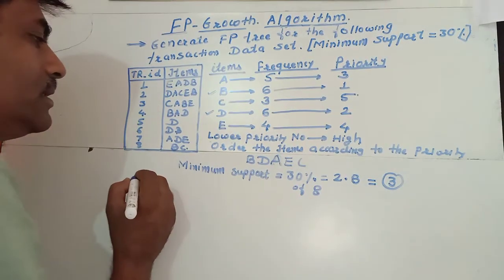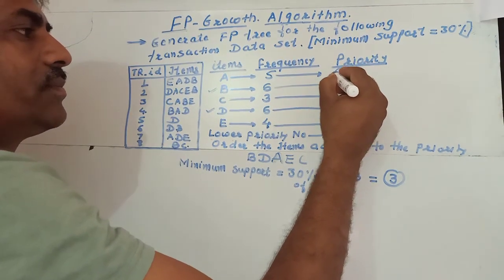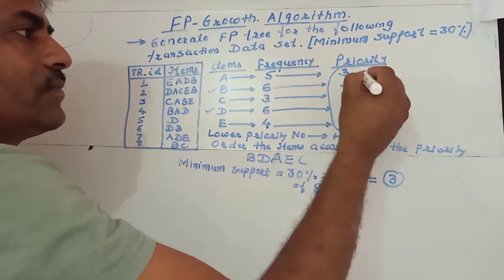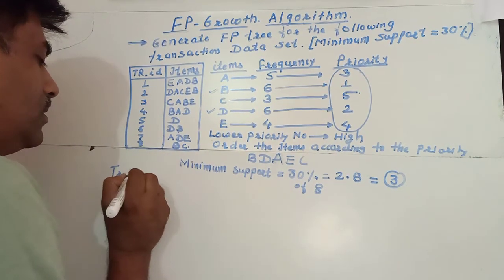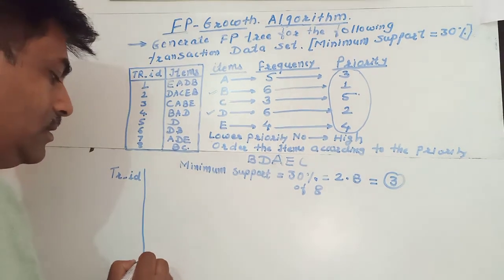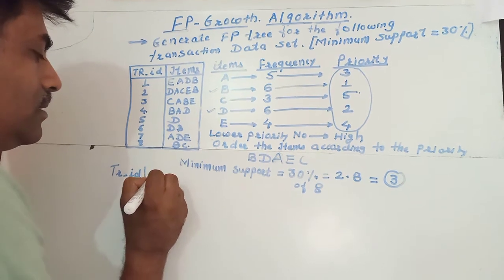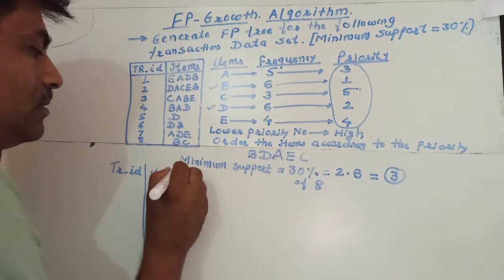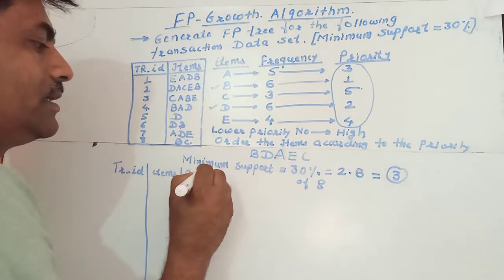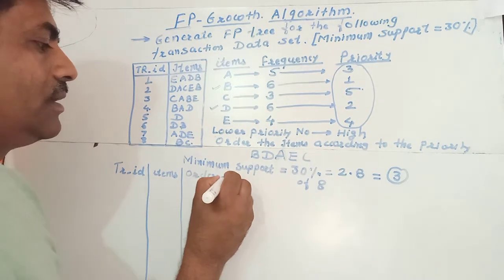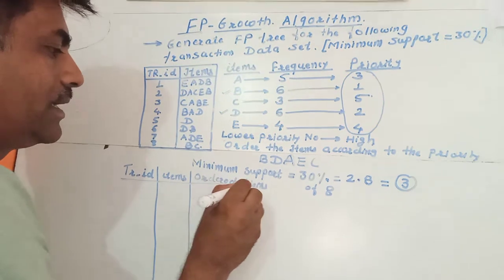So now, by looking at the priorities we have calculated, let us generate the new order. Already we have the transaction and the items, and let us now generate the new ordered items, right?